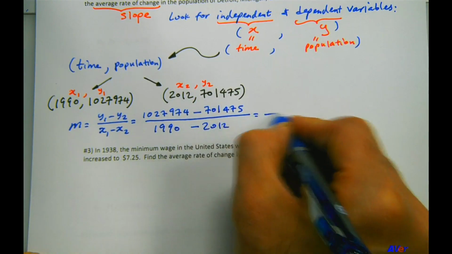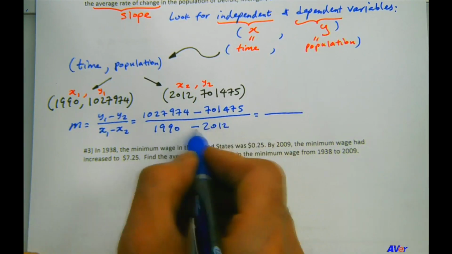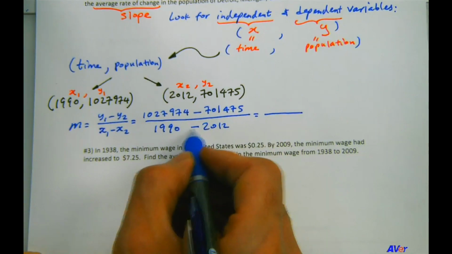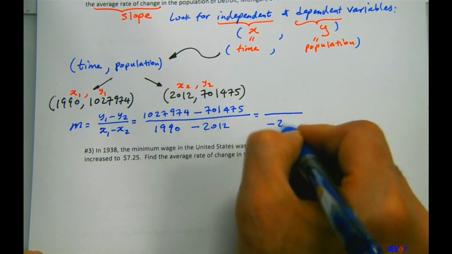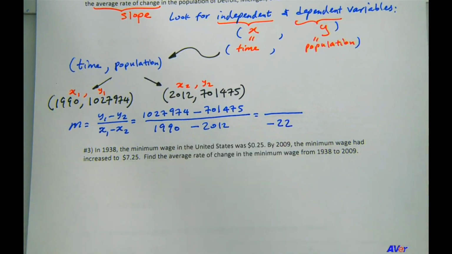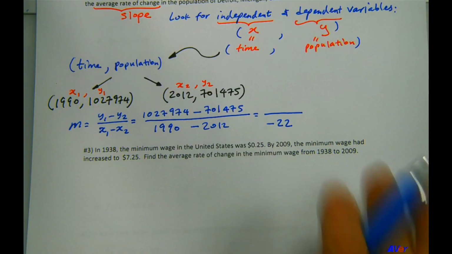So we already know that this reduces to minus 22 years. We would expect this slope to be negative, because there's a decline in the population. So before we even calculate the slope, we know our slope must turn out to be a negative value, and it is turning out that way.